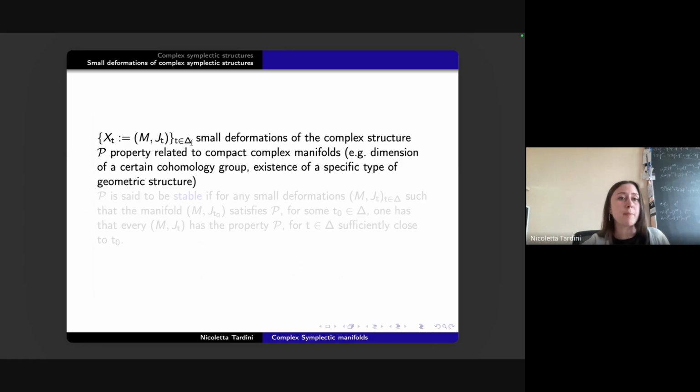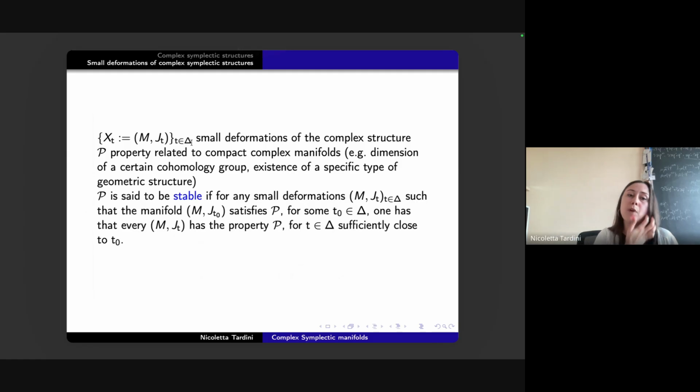We say that this property is stable if, for any small deformation of your manifold, the property still holds. You start with your compact complex manifold that has this property, and then you deform. For any deformation, you want this property to hold in the deformed complex manifold. In this case, we say that the property is stable, or that the property is open under small deformations.